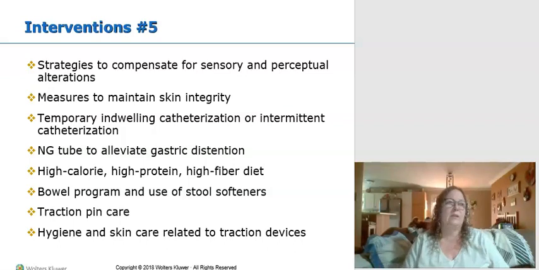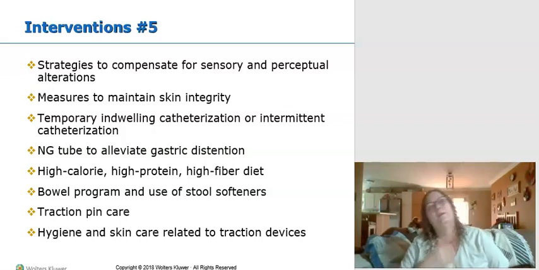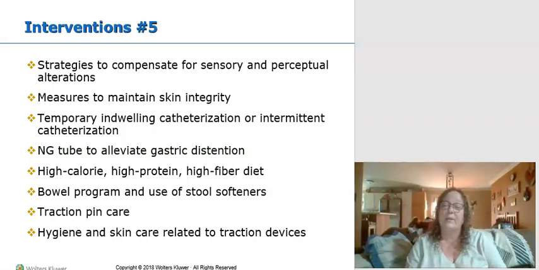So we need to start teaching them that you can't feel this now. You can't feel your bladder distension. You don't know that you have to pee. So that would be a bowel and bladder program, whether that's self-cathing, how to self-cath, or if it's an indwelling catheter in the hospital setting.